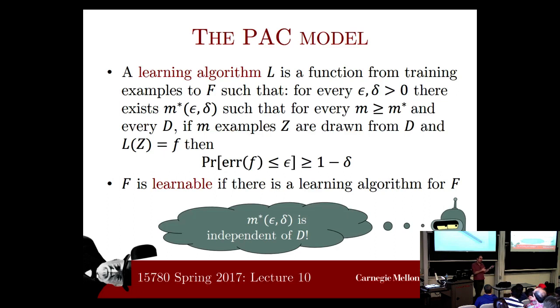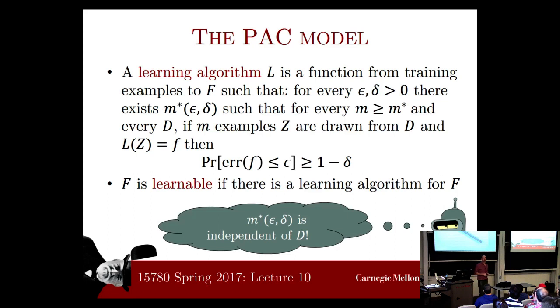In fact, sometimes you can't get this kind of guarantee, and then people ask, okay, can we get it for a specific distribution, like some kind of uniform distribution? But the beautiful thing is that we often can achieve this kind of guarantee for function classes that we care about, and then it's a very agnostic definition where we say, okay, we don't need to assume anything about what D is. Nevertheless, we can make this kind of guarantee, especially if m star is going to be pretty small.